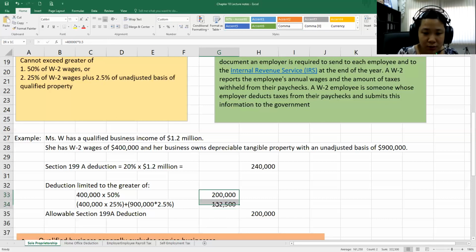So between these two, 200,000 is greater. So instead of deducting 240,000, we are limited to deducting only 200,000, the greater of the two.